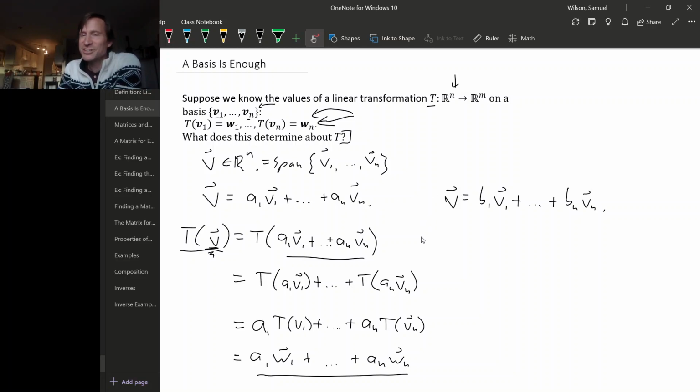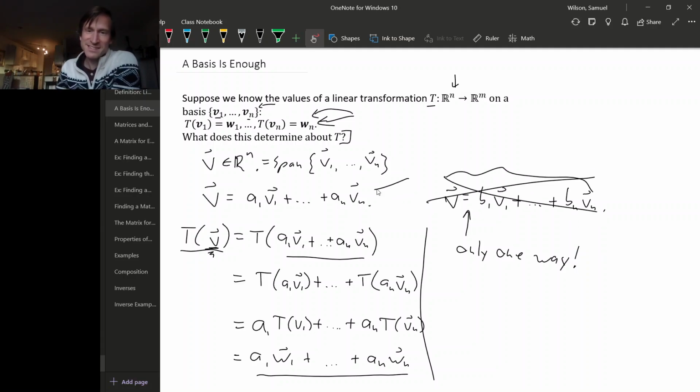But actually, that can't happen if it's a basis. So remember, one of the important properties of a basis was that for a basis, you can express a vector as a linear combination of the basis in only one way. So when I suggested that maybe there was a different way that we could write this, there actually isn't a different way.